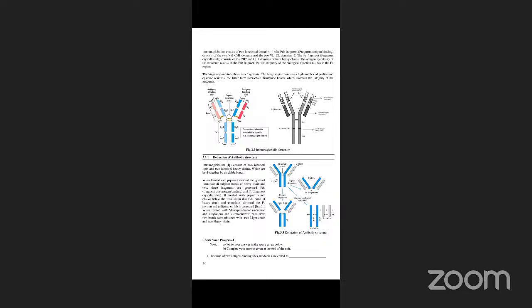The hinge region binds between these two fragments, and the hinge region has more proline amino acids and cysteine residues, because cysteine consists of a sulfur group. So for binding of disulfide bonds, cysteine molecules will be more. So interchain disulfide bonds will be present.